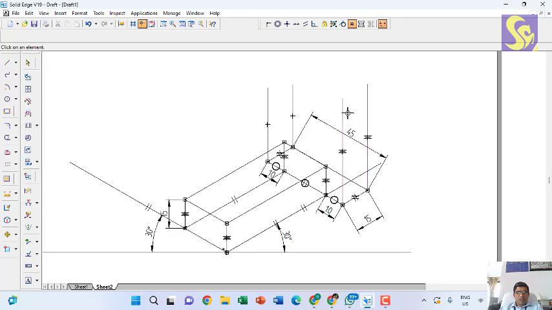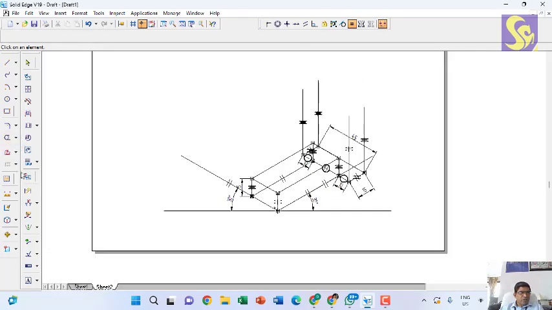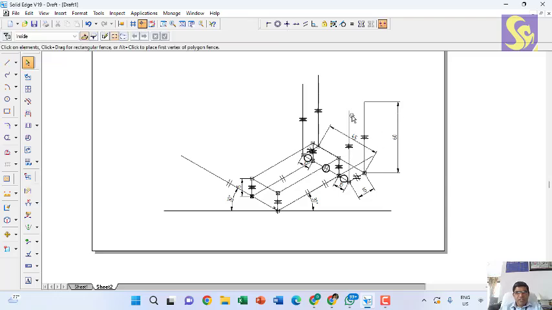This equal to this, equal to this, and this equal to this. And I'll give the dimension for one of the sides. So I'll make it 60. So then automatically this has become 60, 60 and 60. I'll connect the top.